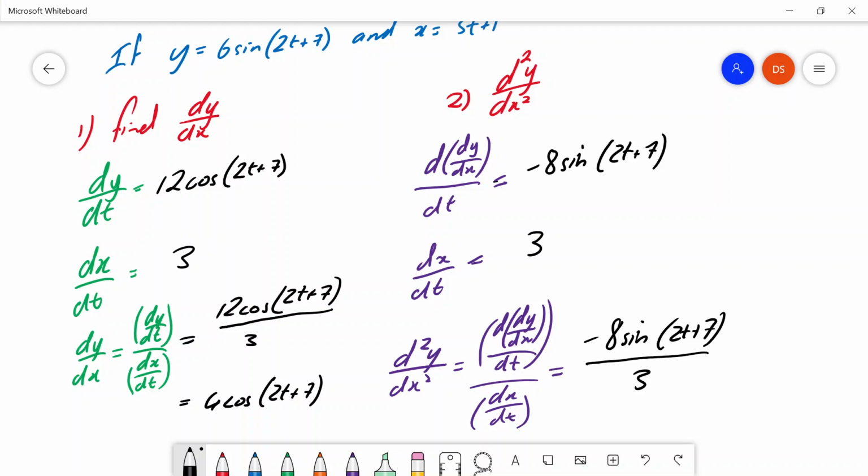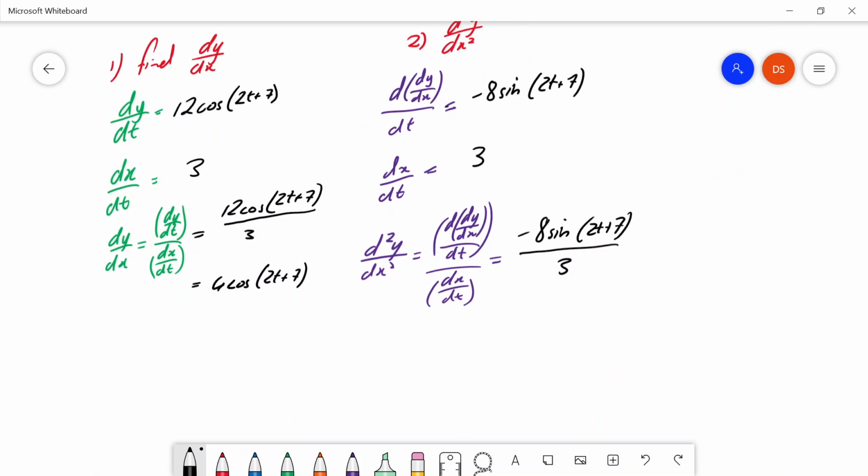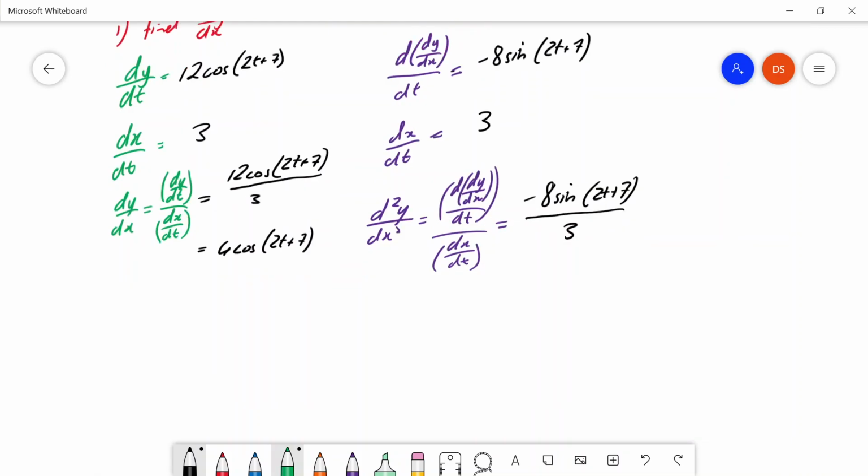I think it's really important to note the notation is very different here to what you see on your formula sheet. The formula sheet has dy by dx written as dy by dt times dt by dx. But dividing is the same as multiplying by the reciprocal. So this and this are the same thing, in fact.